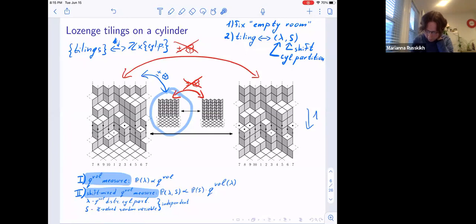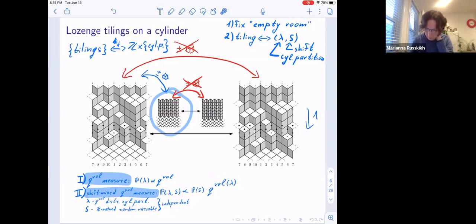But what we want to know now is that these two things are independent. So we think about pairs of independent cylindric partition and vertical shift, and we discuss later the distribution of this integer valued variable.